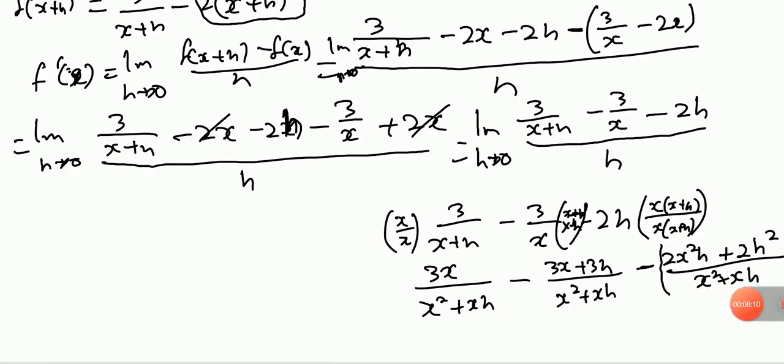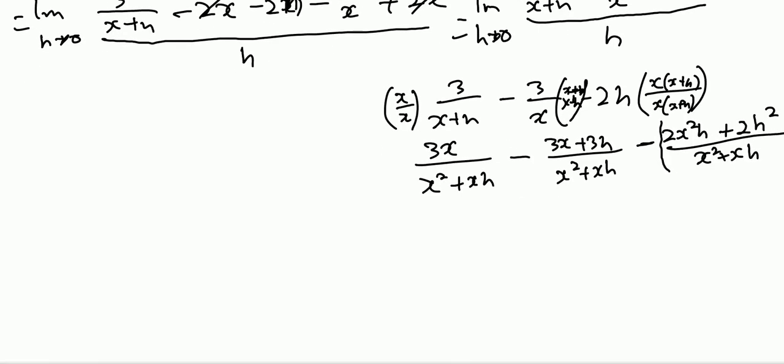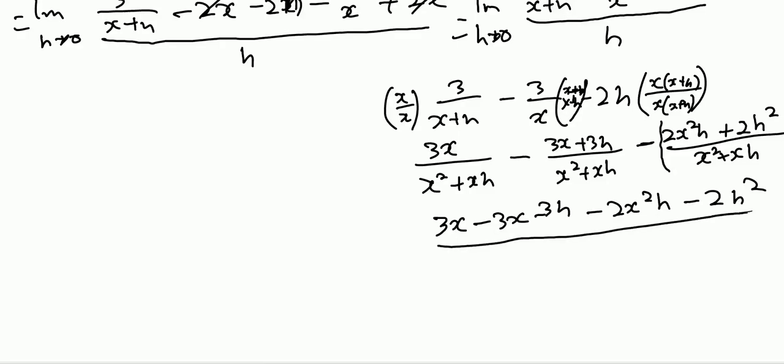Then, when simplifying this, we are going to have what? 3x minus 3x minus 3h minus 2x squared h minus 2h squared all over x squared plus xh. Then 3x cancels negative 3x. Then that means this is what you are going to get when we solve the numerator.